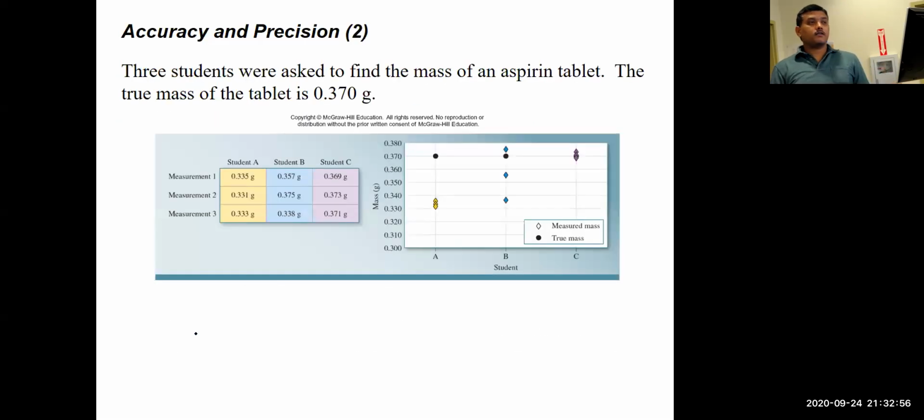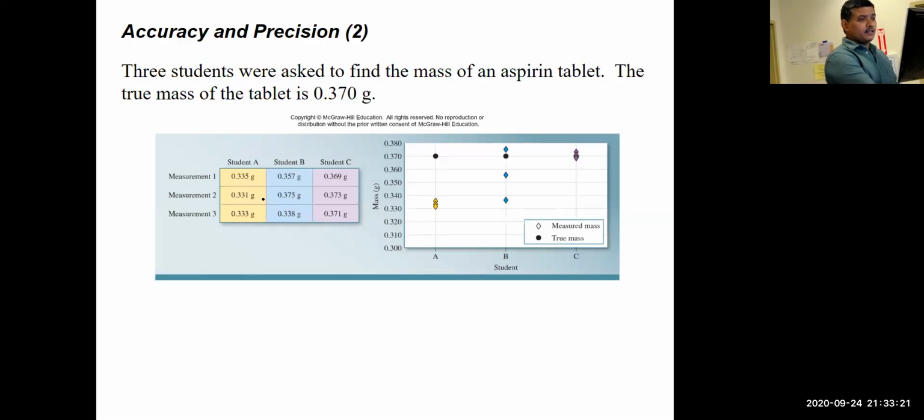Let's look into a scientific case. Say there are 3 different students who weighed a sample of 0.370 grams of aspirin, and they come up with different numbers. So we have sets of 3 experiments. Let's examine their accuracy and precision.